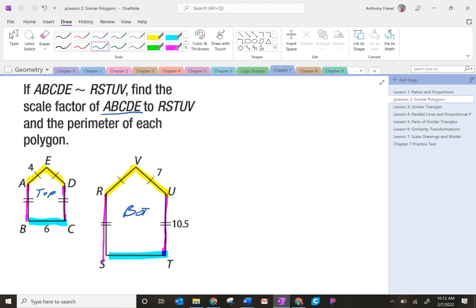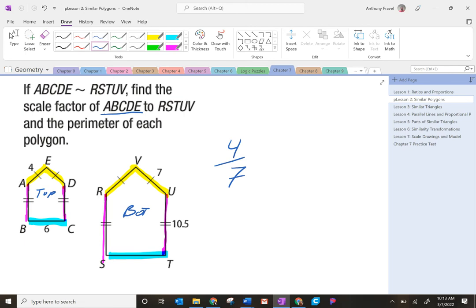4 over 7. I agree. Why'd you choose those two? Because they're whole numbers and they're on the same color. Yeah, they're on the same color. They're both whole numbers. There's no fractions. There's no variables that go with it. So I agree. So my scale factor is going to be 4 over 7 or 4 to 7.